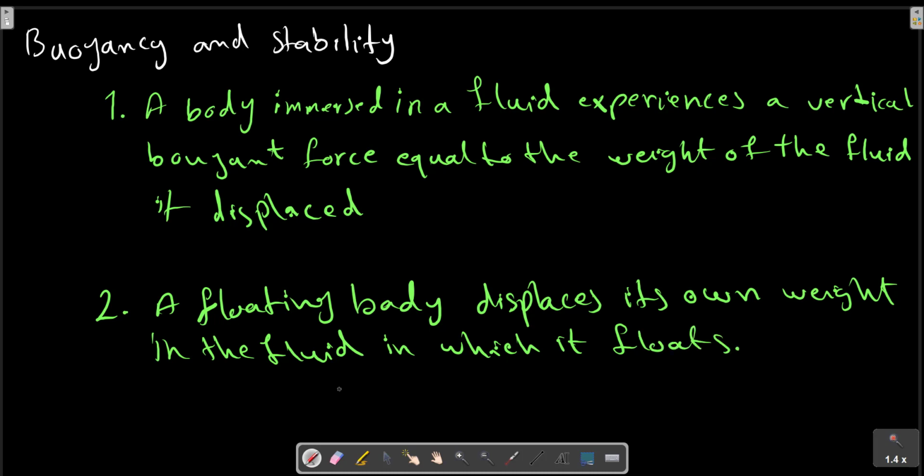These two laws are the Archimedes' laws for calculating the buoyancy force and also the floating force on a body floating in a fluid.